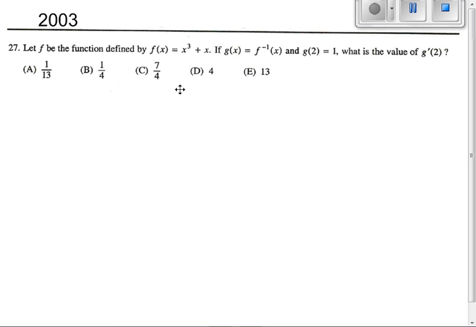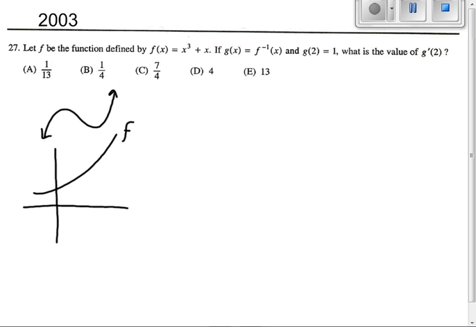So again, I'm going to draw a picture. Now, maybe by now, because I've taught this several times, I probably remember this. What does x cubed plus x look like? It looks like this. But really, does it matter? No. So here's f. Here's the inverse, which is g. And now this is what I do, I analyze this.